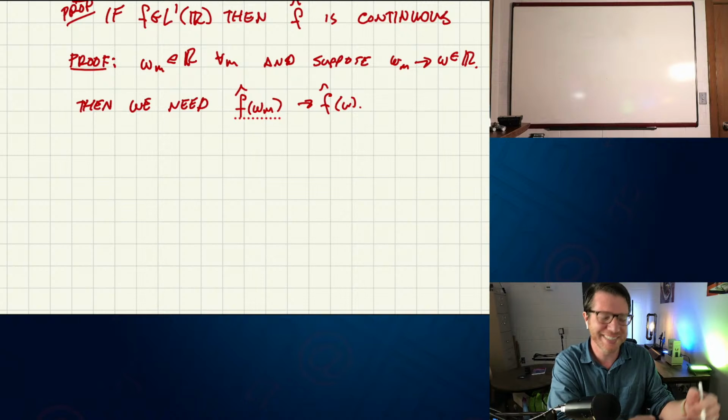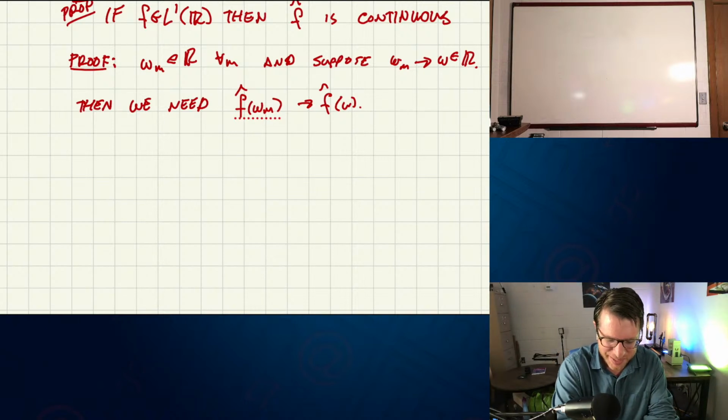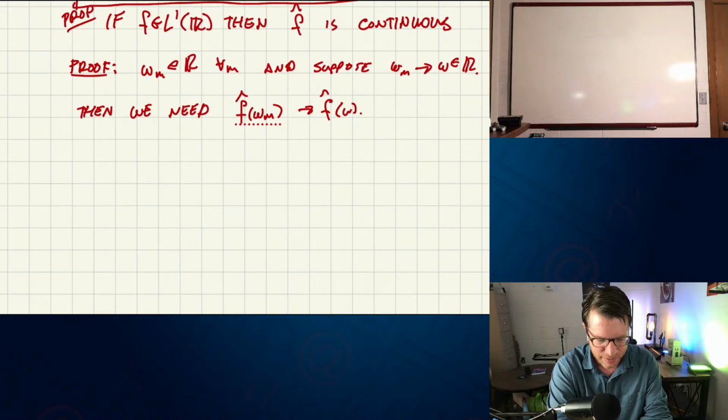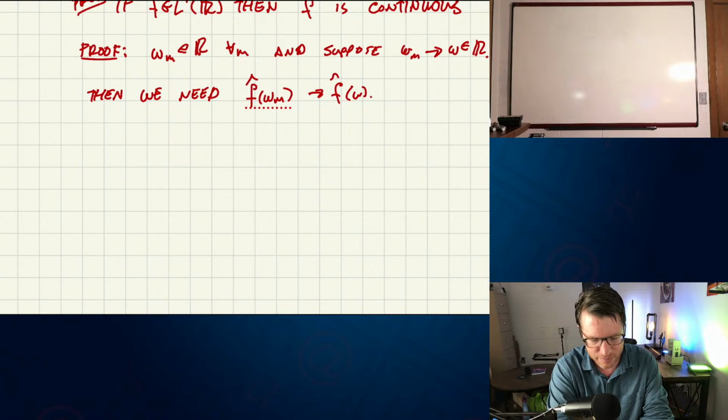So anyway, let's go ahead and write out these definitions, and we can see how this is actually going to end up working. So if we take a look at f hat of omega_m minus f hat of omega, we want to get this small.